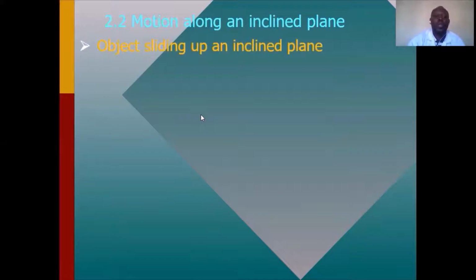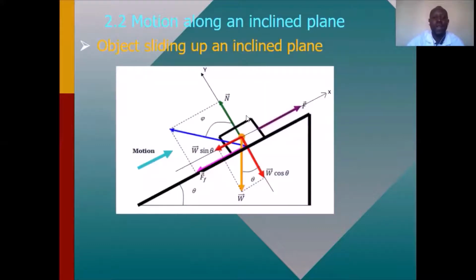Okay, so case one is the object heading up an inclined plane. We have an inclined plane, where x is inclined at angle theta. Automatically, y will also be inclined at angle theta with the vertical.